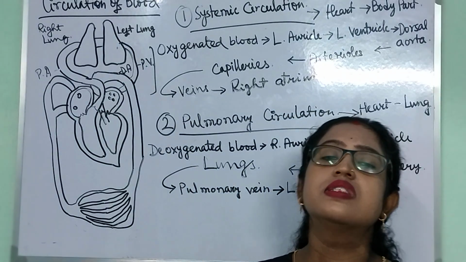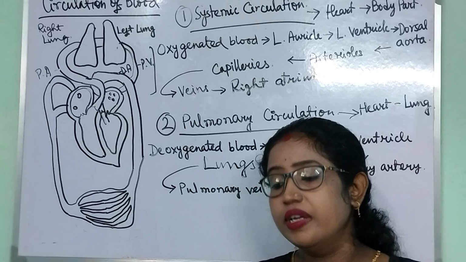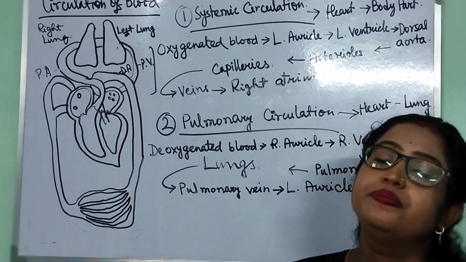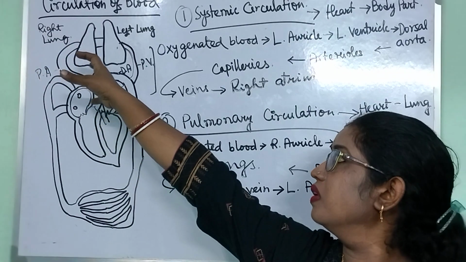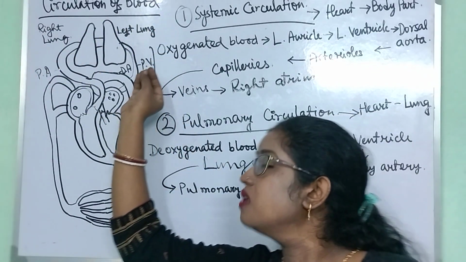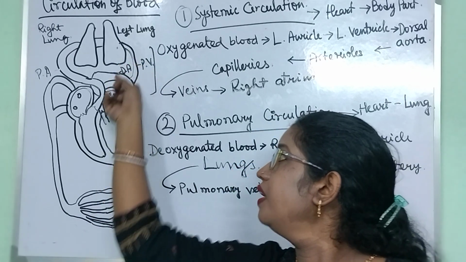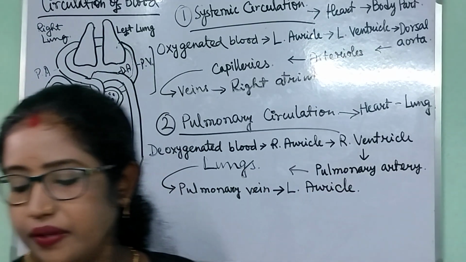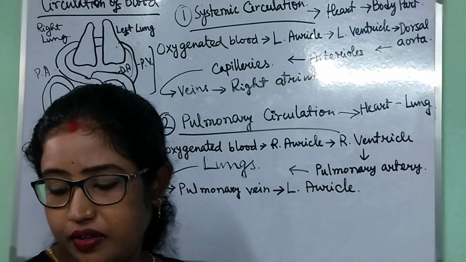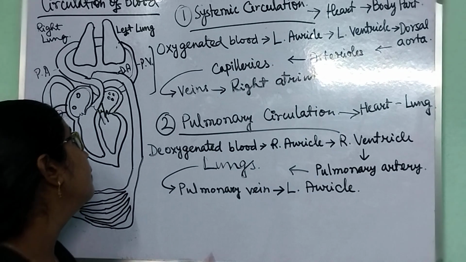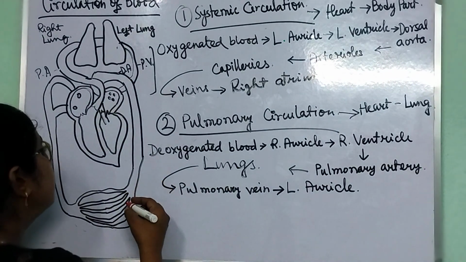In both lungs the blood actually purifies, and the oxygenated blood is then carried by the pulmonary vein, and it drains its contents into the left side of the heart.